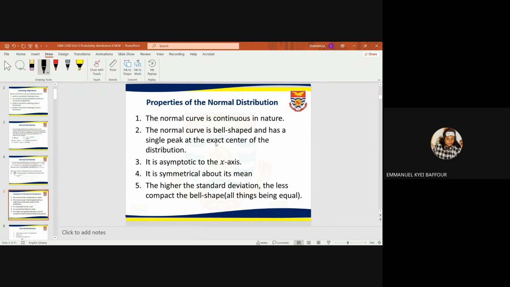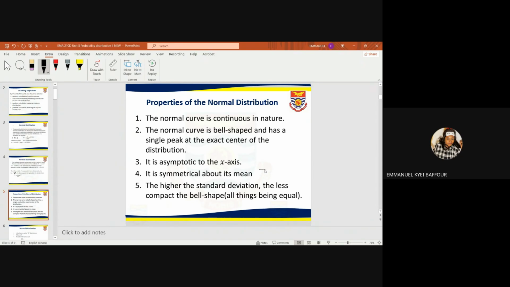Then the normal curve is bell-shaped and has a single peak at the exact center of the distribution, where the exact center represents the mean. Very soon we will have a look at the diagram of the bell shape. And it is asymptotic to the x-axis, in the sense that it does not touch or cut across the x-axis.